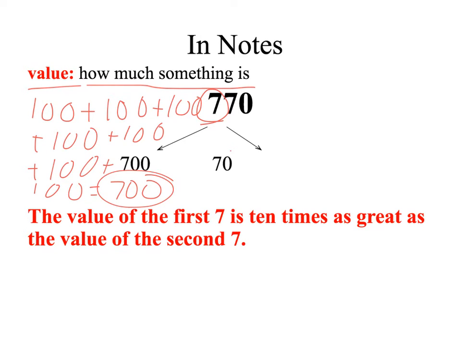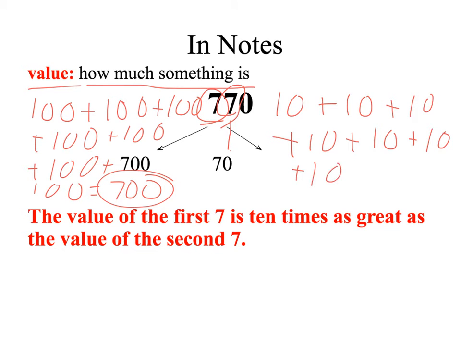If I look at the second 7, which is in the tens place, that means I have 7 tens, and the value of that would be 70. Again, if I had 7 tens, 1 ten, 2 tens, 3 tens, and so on, until I get to 7, I would have a value of 70.